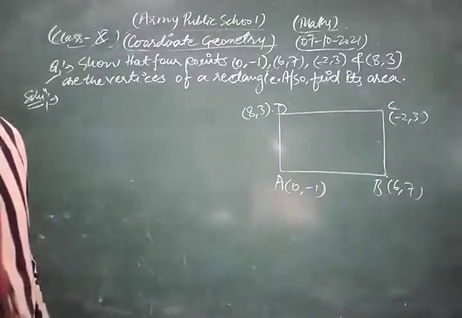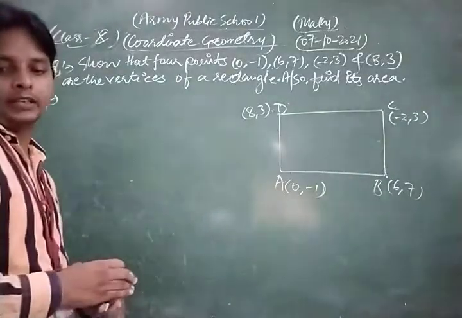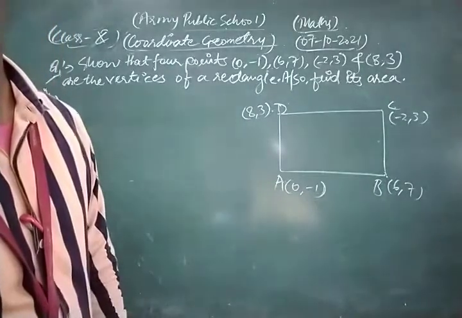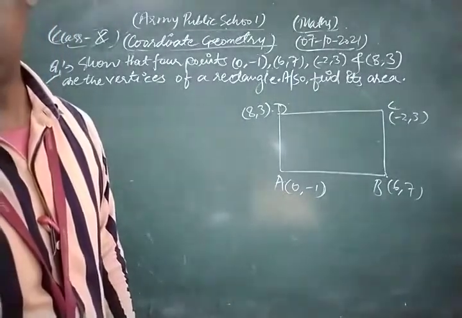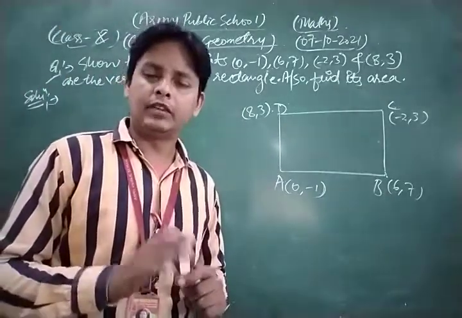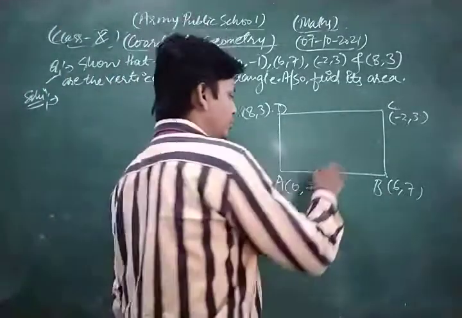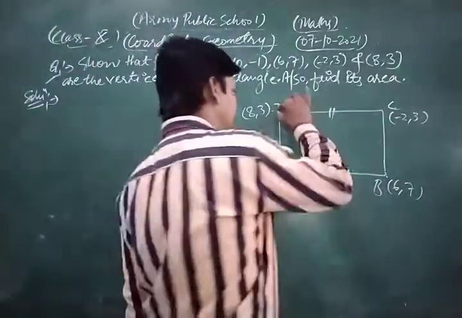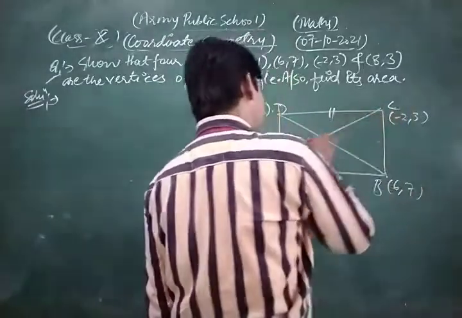Dear students, for a rectangle we have to show that all of its opposite sides are equal and its diagonals are also equal.